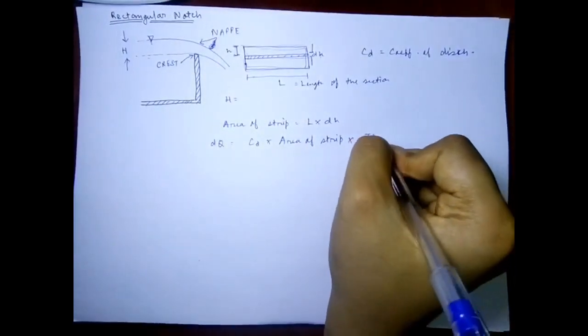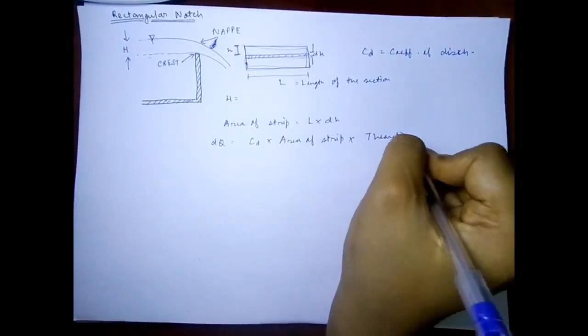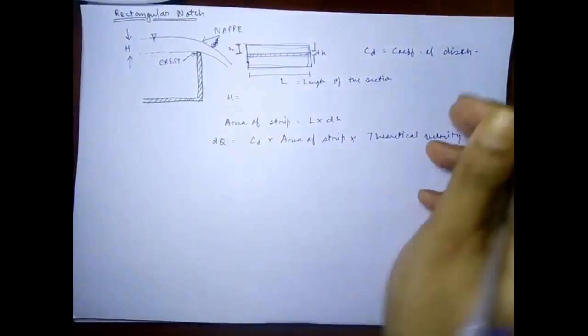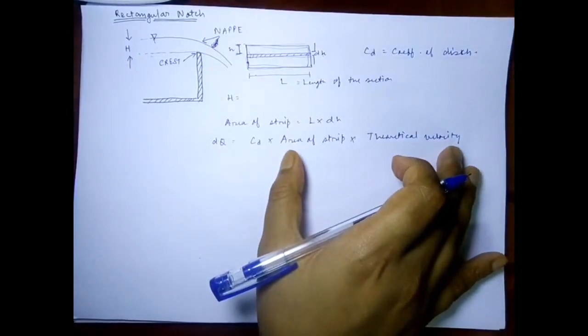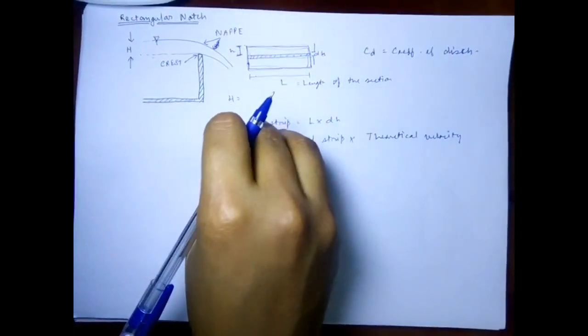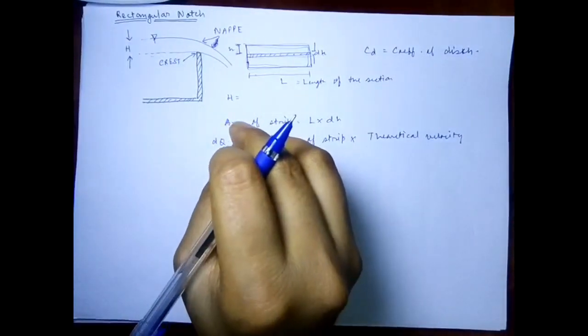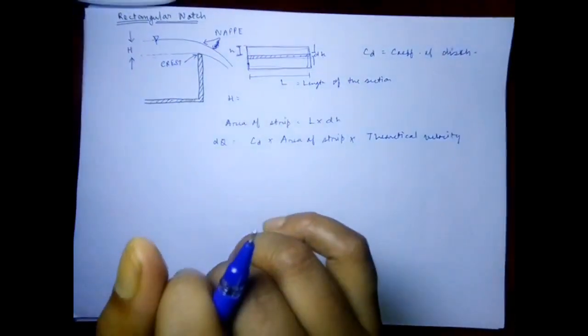Now let's take dq is equal to, suppose CD is the coefficient of discharge, times the area of strip times the theoretical velocity. Because we know area times velocity, multiplied by the coefficient of discharge, will give the actual discharge of the flow through the crest.